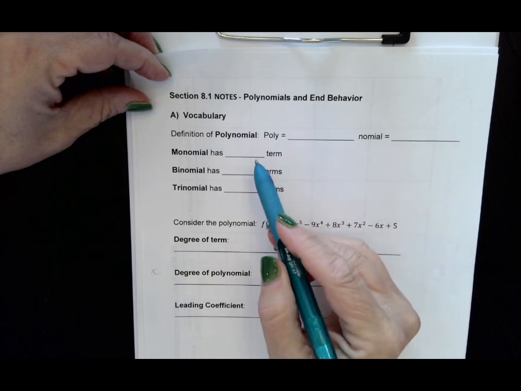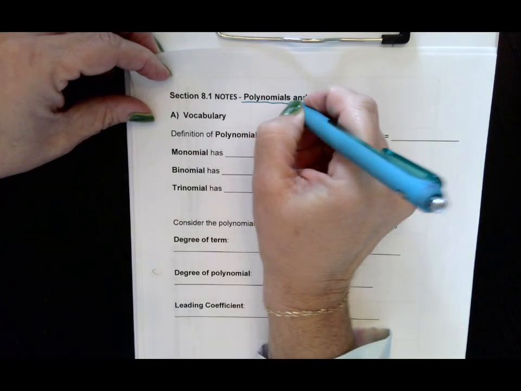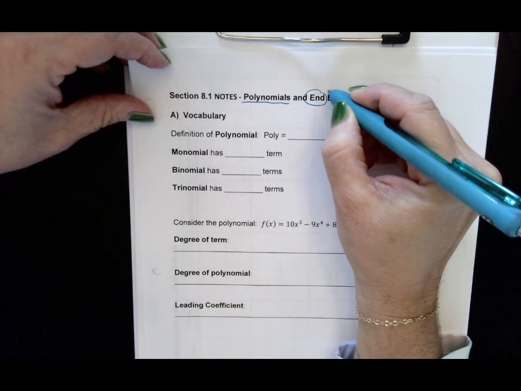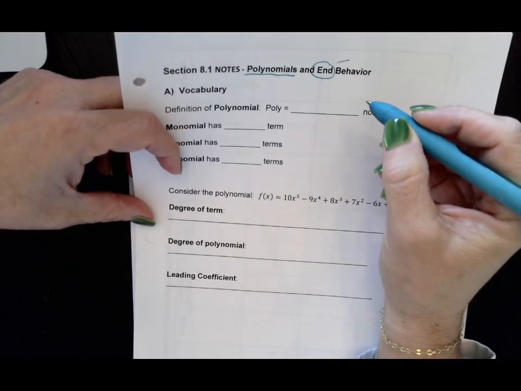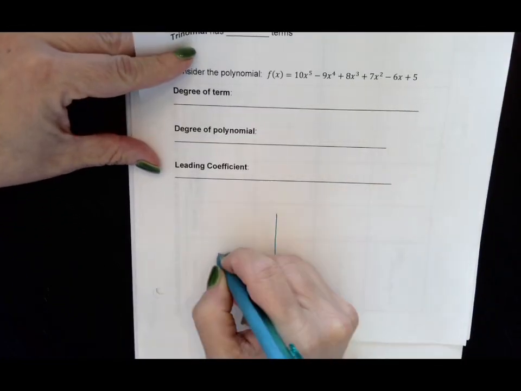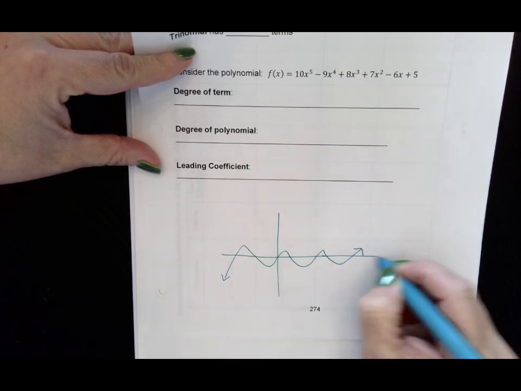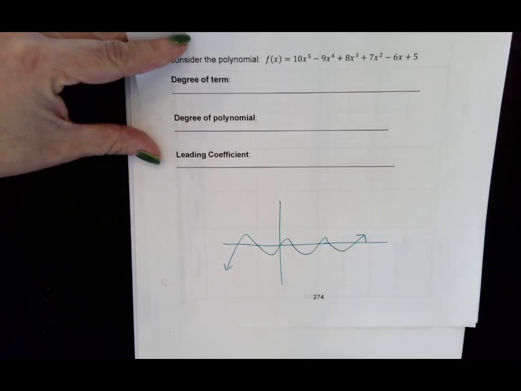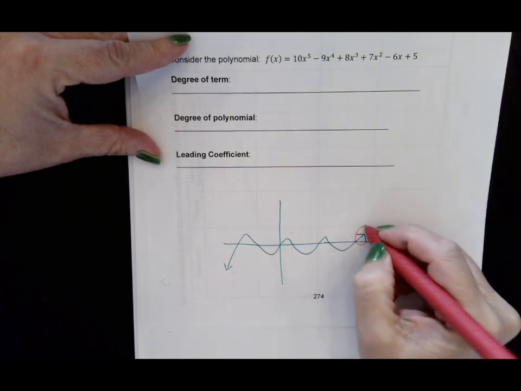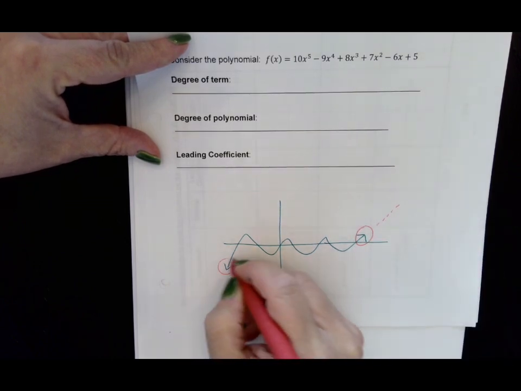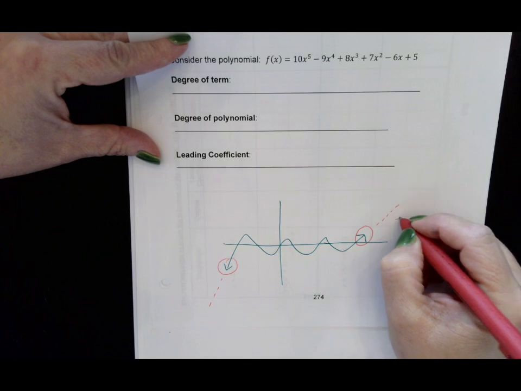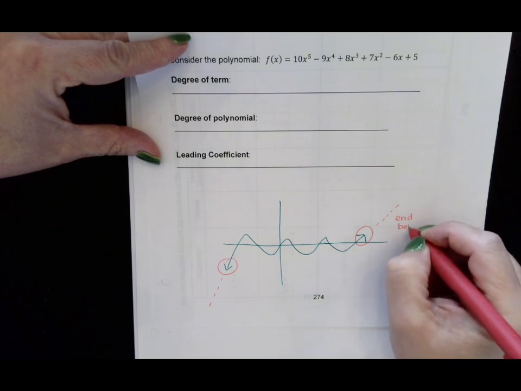So we are dealing with polynomials and end behavior. And what end behavior means is what happens at the end of the function. So if I draw some graph and it looks like this, I've got arrows on this graph. And so what happens as it keeps going this way, and this way, is going to be my end behavior.